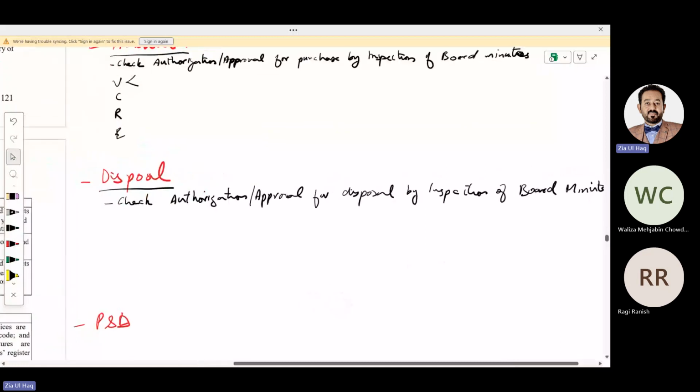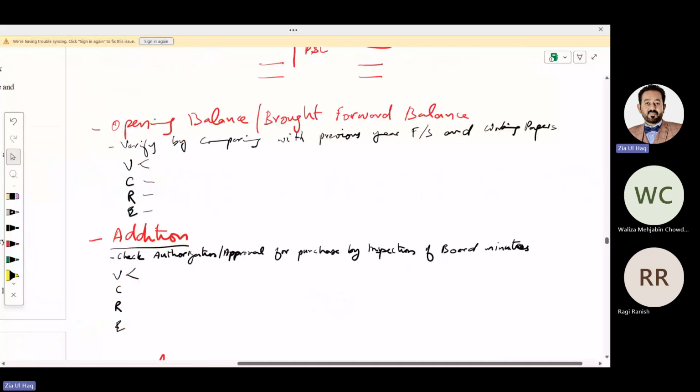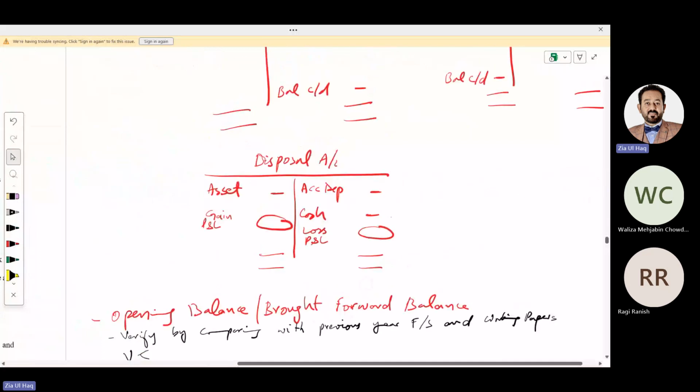Now we will move towards the disposal account. From the disposal account, we will verify cash receipt from the cash book and bank statement. We will verify elimination of depreciation from the accumulated depreciation account, whether the amount is the same. And we need to recalculate gain or loss and make sure that if it is significant, it should be disclosed separately.